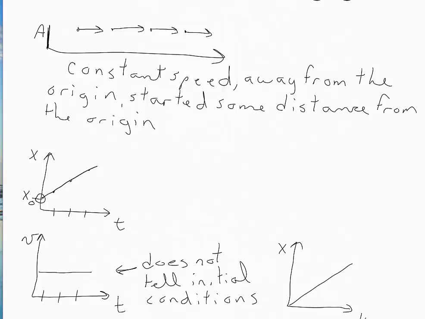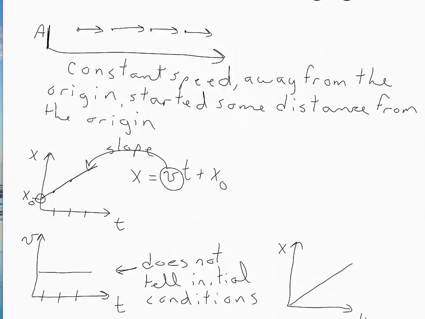So again, if we take a look at this position time graph, this one here has the equation of x is equal to vt plus x naught, because v, remember, is the slope.